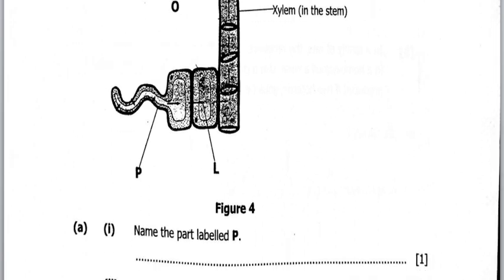Name the part labeled P. Now, this is the part labeled P, and what is the name of this part here? This is a cell, and the name of this cell is called a root hair cell.